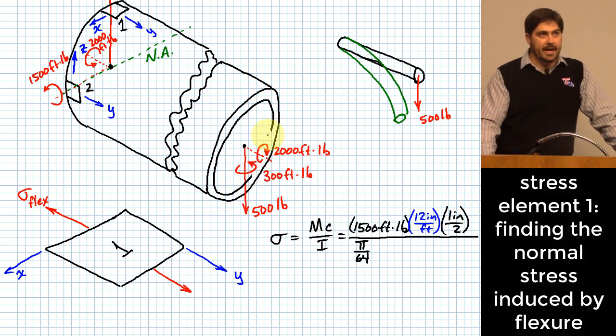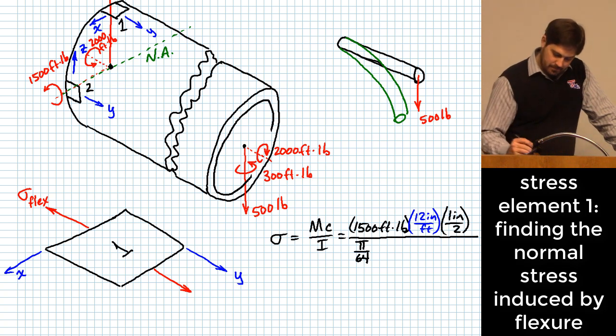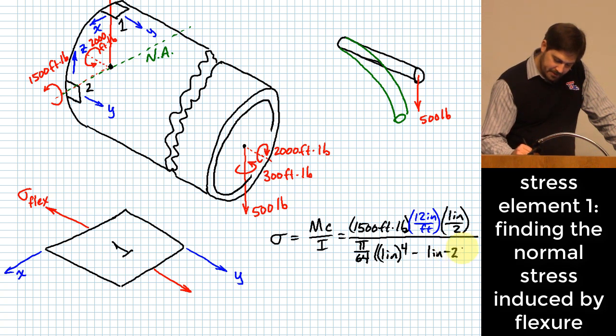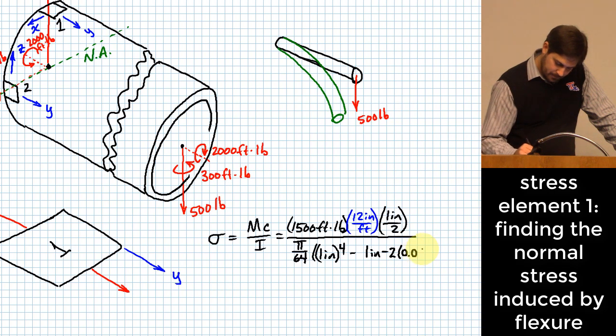So how do I deal with that? 1 inch to the fourth minus (1 inch minus 2 times 60 thousandths) to the fourth.